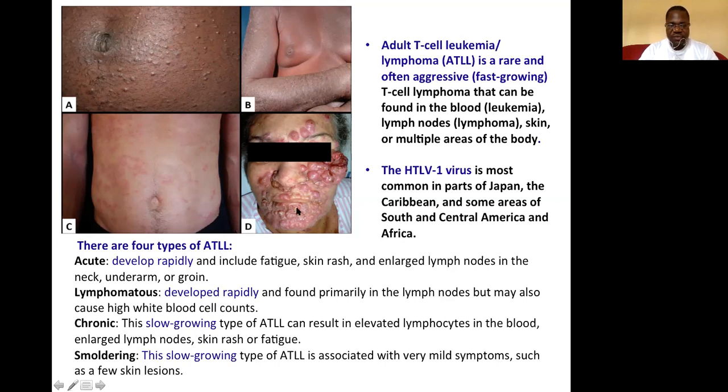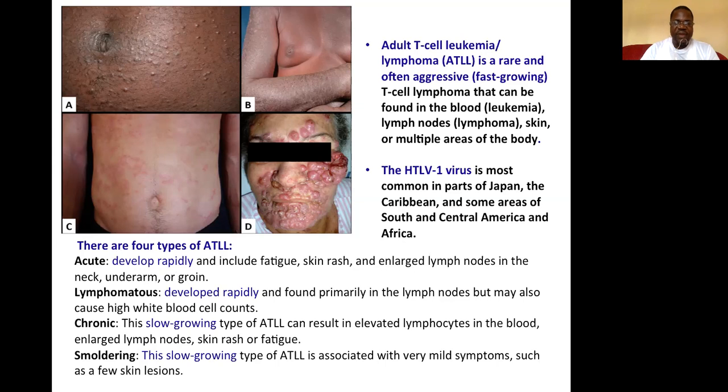And this is a much more severe, fast-growing condition. We have 4 types of this adult T-cell leukemia lymphoma, especially the acute type that develops rapidly, with fatigue, skin rash, and enlarged lymph nodes, especially in the neck, underarm, and or in the groin area.